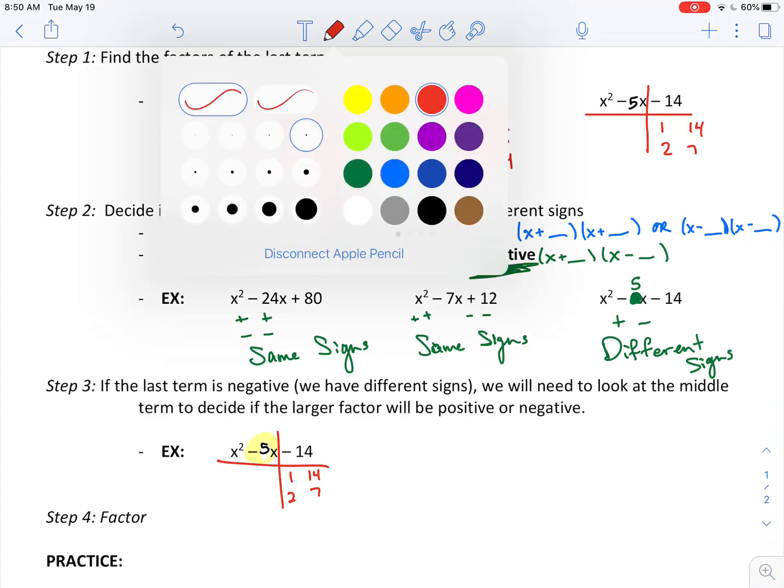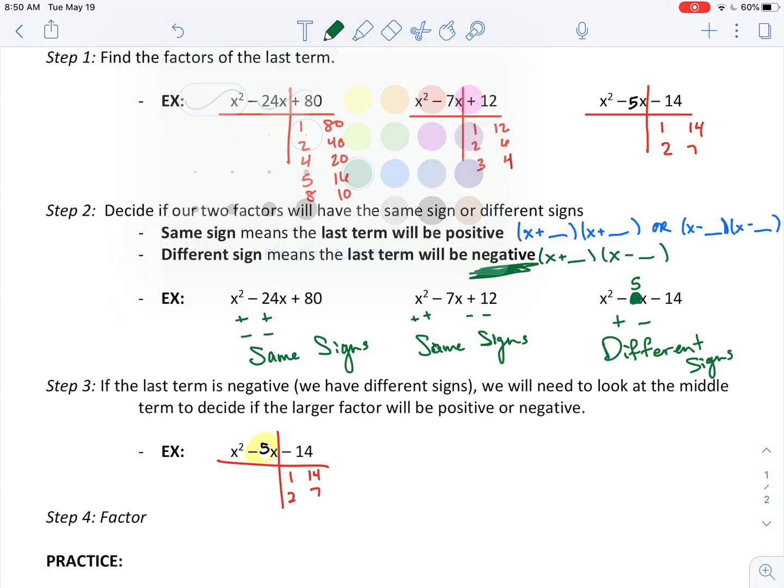Well, if that's a negative 5x, I've got to pick which pair out of these two pairs is 5 apart. Well, 1 and 14 are not 5 numbers apart, but 2 and 7 are 5 apart.